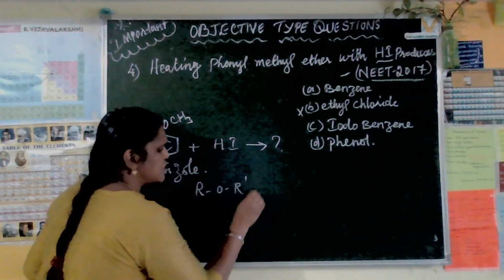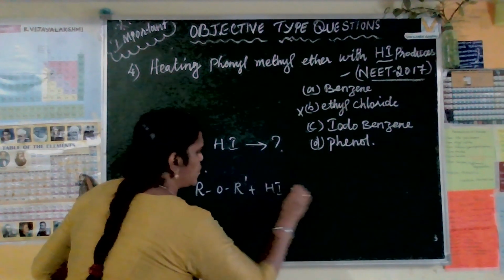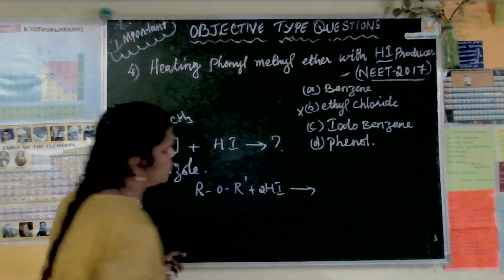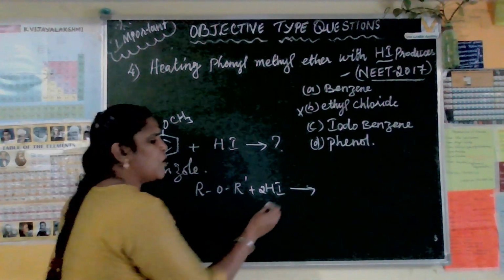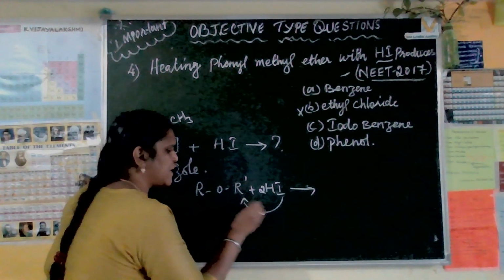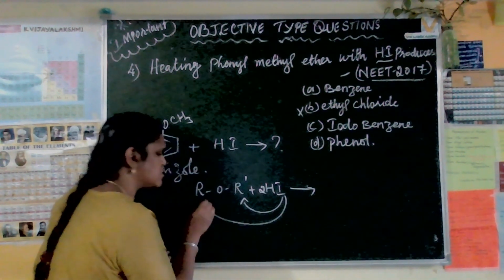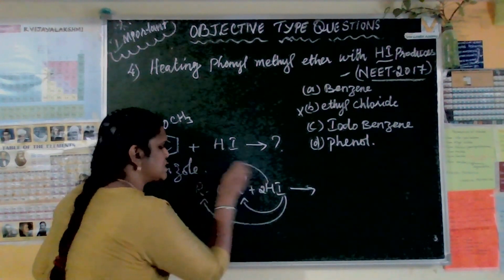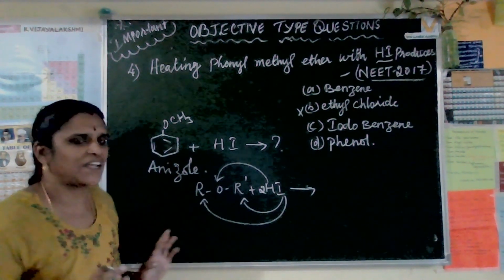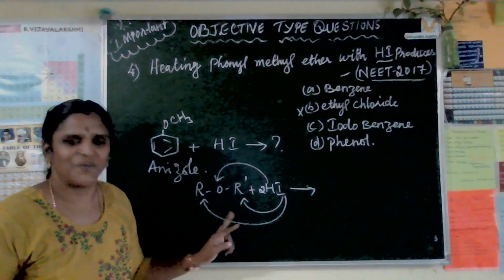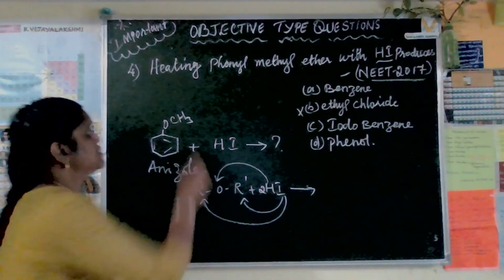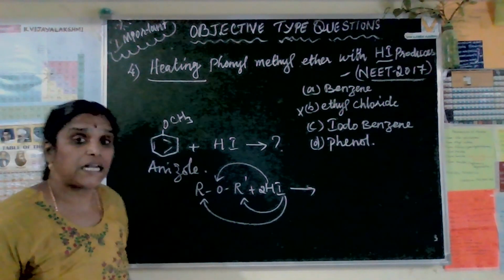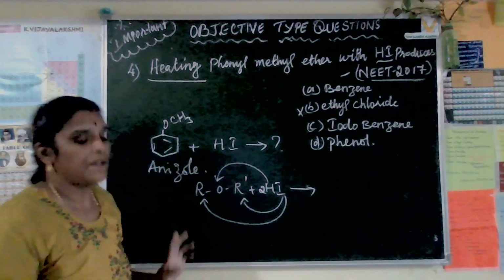Generally, this is an ether, R-O-R', combined with hydrogen iodide, with two molecules of hydrogen iodide. Now iodine is going to attach, so naturally this also, and this two hydrogen gives H2O, you will think in that way, no? That's not correct, because they have given the clue: heating phenyl methyl ether.